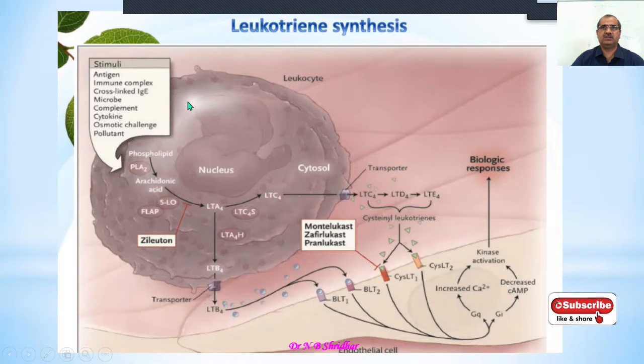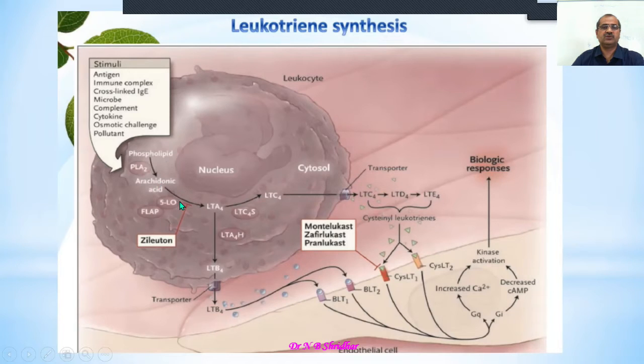So this is a leukocyte, and it has the cytosol and the nucleus. Since the leukotrienes are synthesized in the leukocytes, the phospholipids will be acted upon by the phospholipase A2 enzyme, and arachidonic acid is formed.